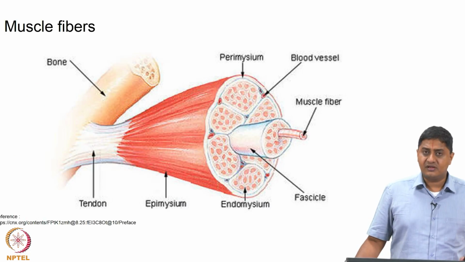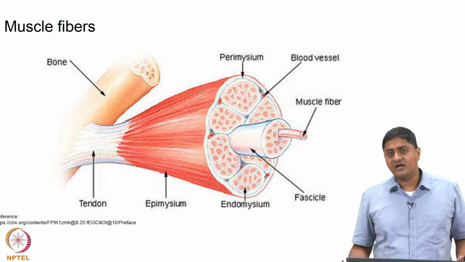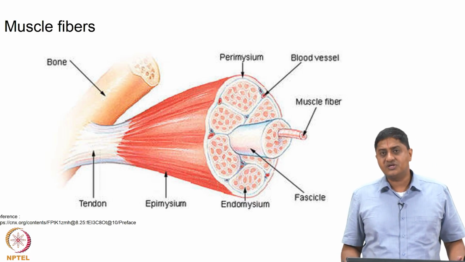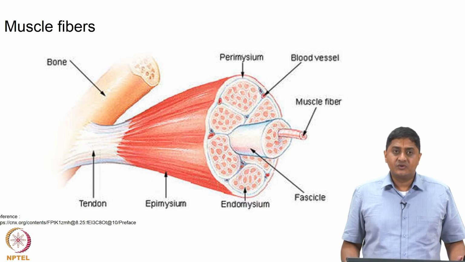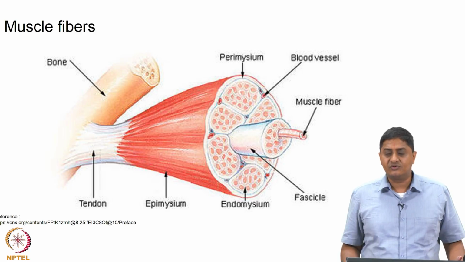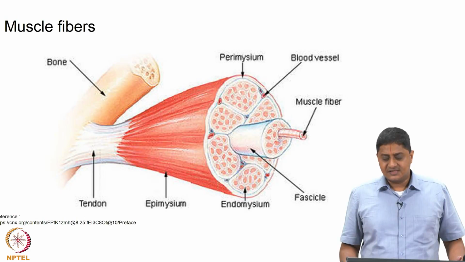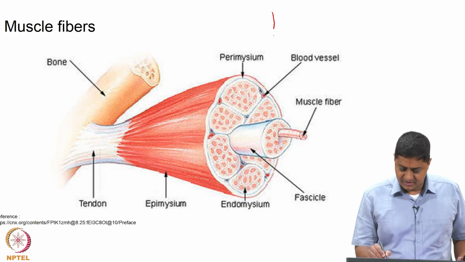Let us remember what our grand goal is. Our grand goal is to understand human movements. So, movements are produced when one bone moves relative to another. Let us consider a situation. Let us say that is one bone, and there is another bone.